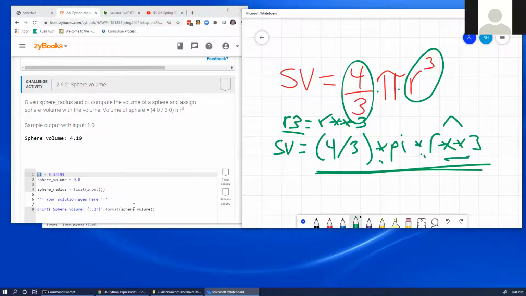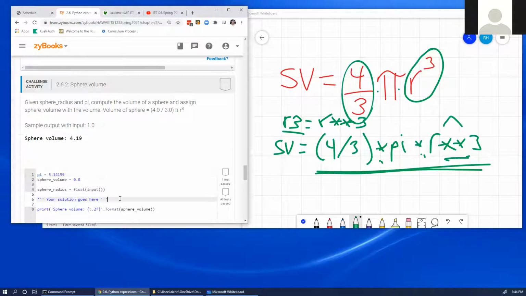And let's see if that's right. After all that, after I made you sit through all that, I'm going to see if sphere volume equals 4 divided by 3 times pi times, what's sphere? Oh, wait a second.